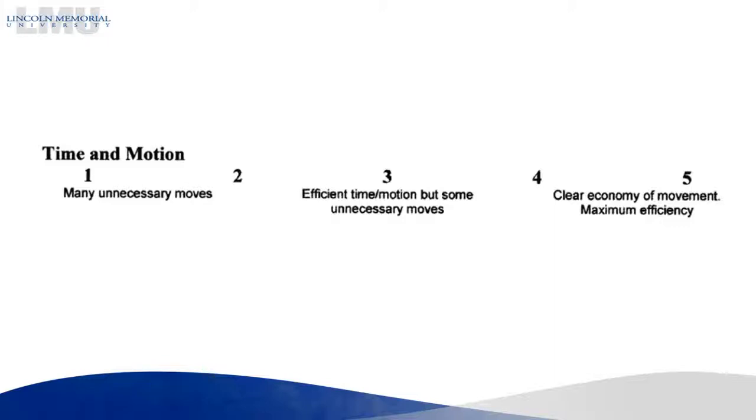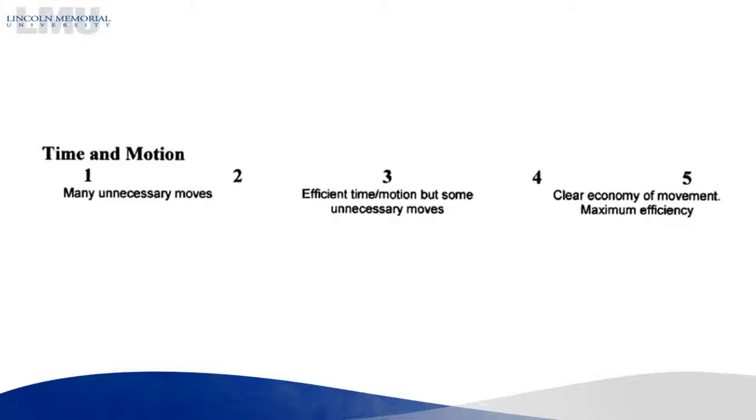The second global rating scale measure is for time and motion, and this is a measure of efficiency and economy in motion. And so a 1 is we have a student who's just creating very many unnecessary moves, whereas a 3 is a student who is pretty efficient in time and motion, but they do still have some unnecessary motions that are decreasing their efficiency. And a 5 is clear economy of movement.